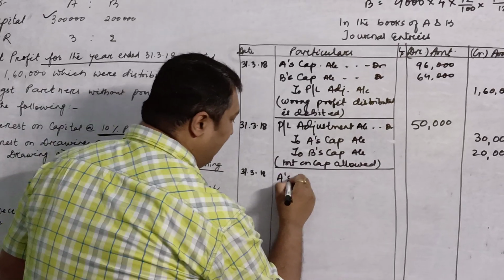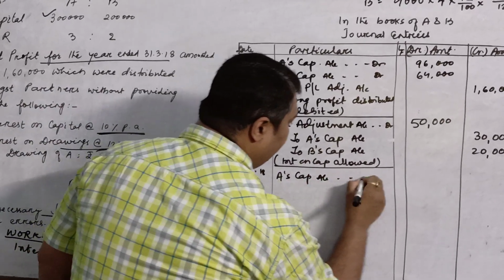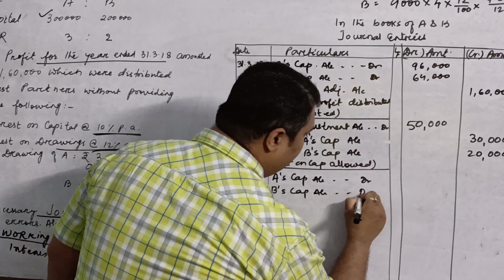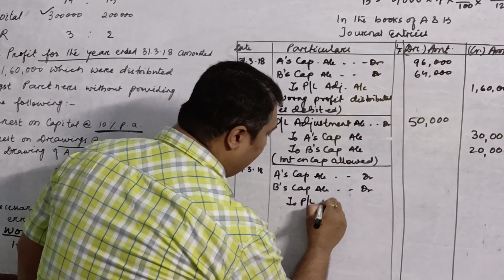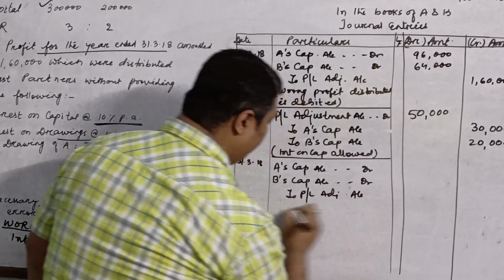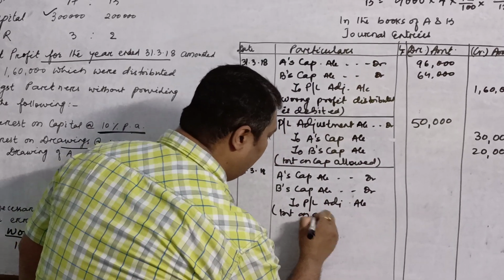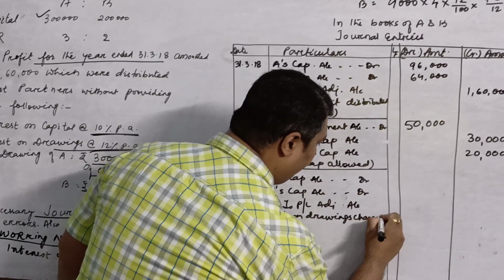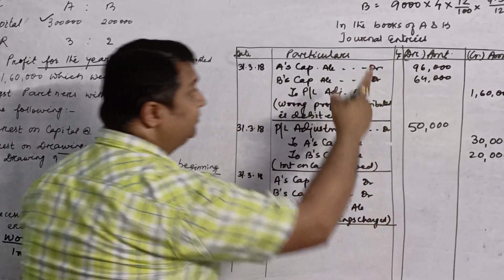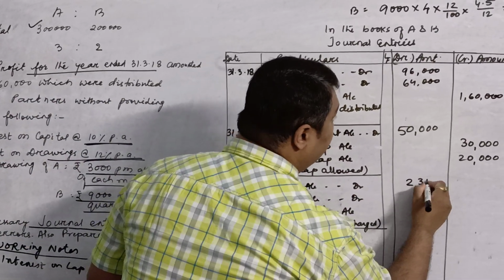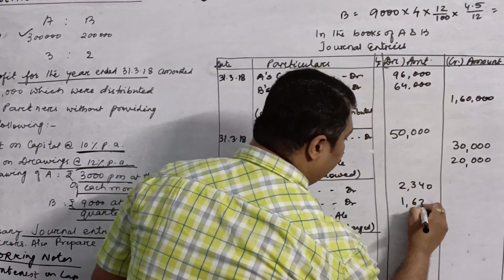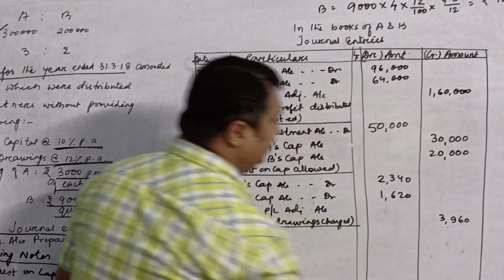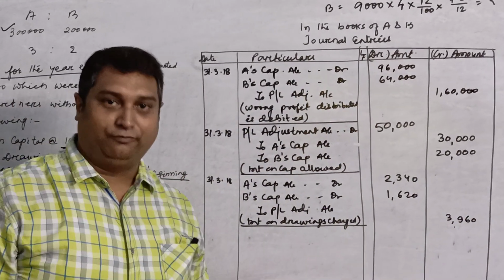So it will be A's capital account, B's capital account debit to profit and loss adjustment account. Interest on drawings charged. And the amount which we have calculated is 2,340 and 1,620. Total is 3,960.